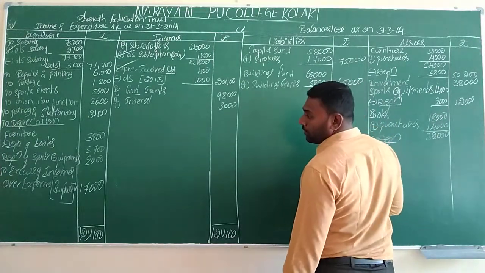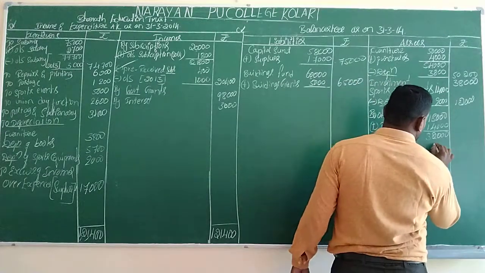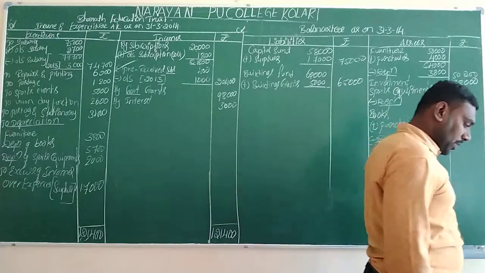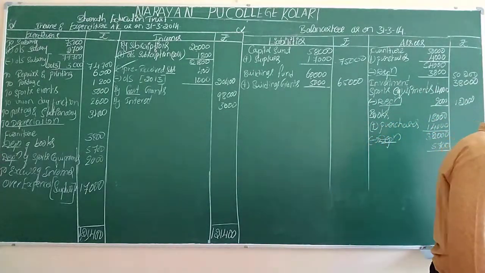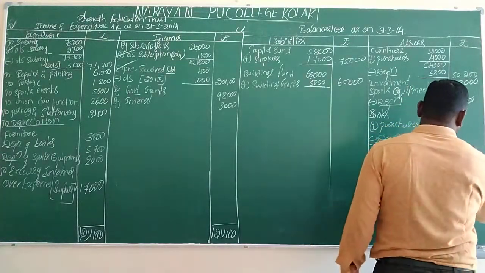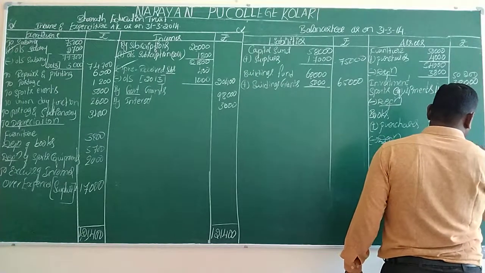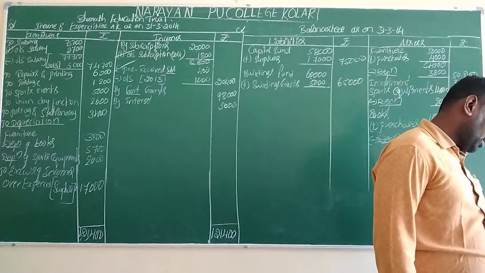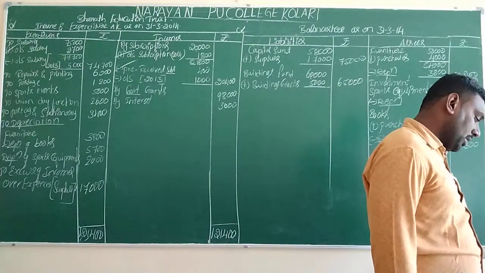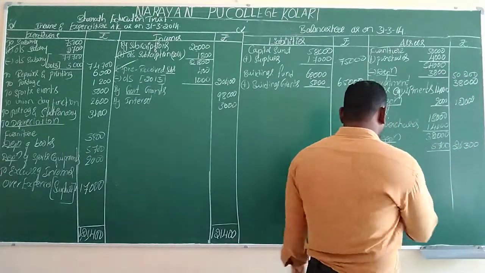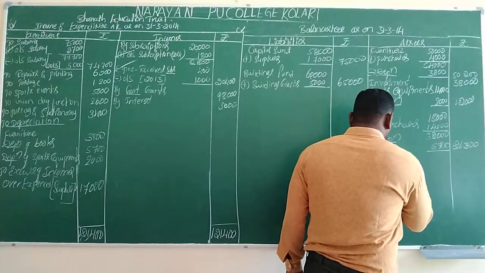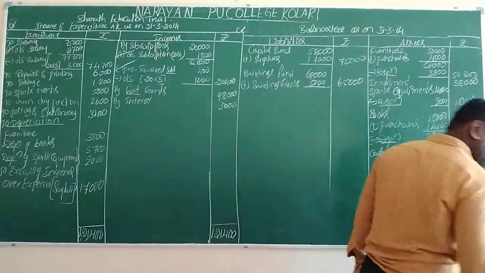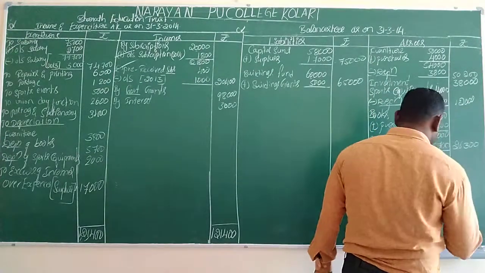The books depreciation is 5,700. By deducting this, we get 26,300. After books, we have cash in hand. The value of cash in hand is 7,800.